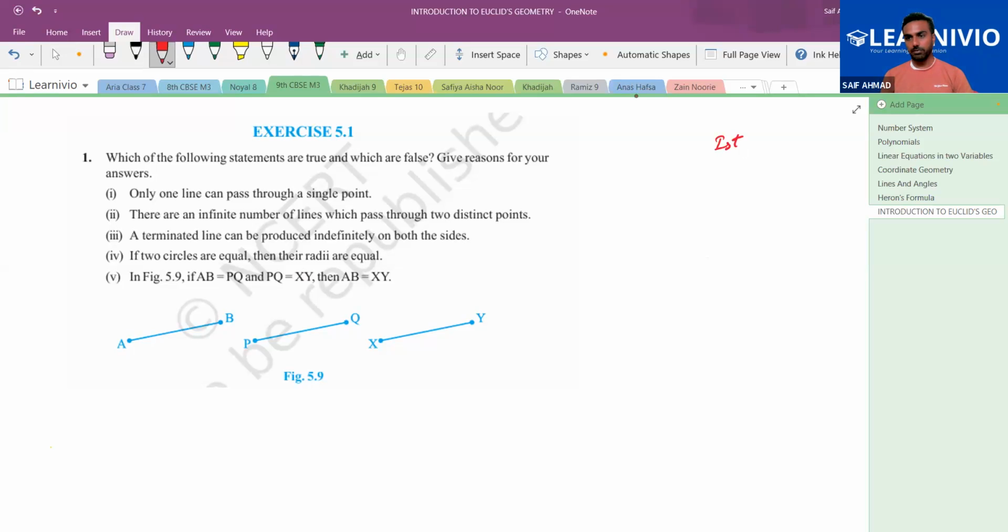Okay, for example, you want to do engineering after 12th. Understood? You want to become an engineer or doctor? Doctor. Okay.